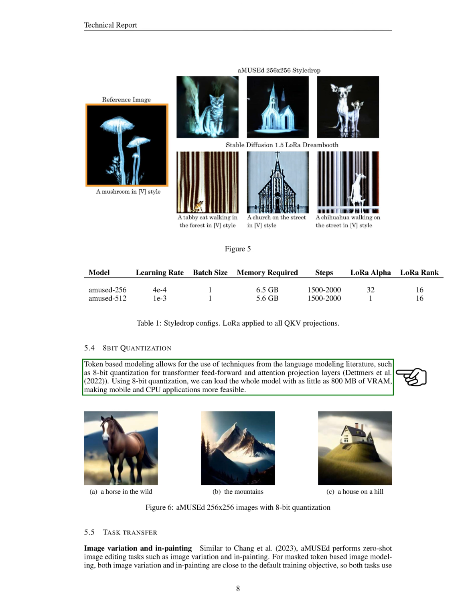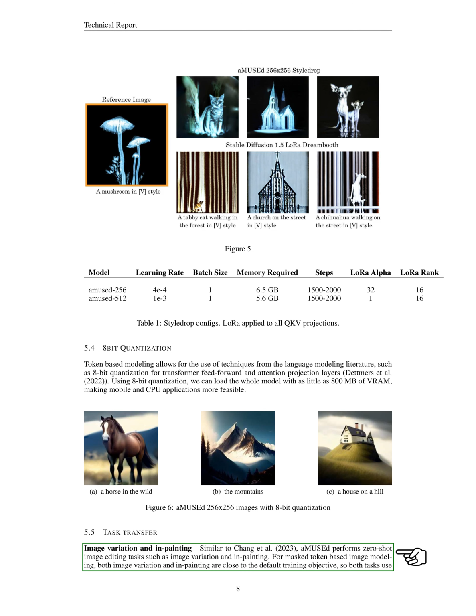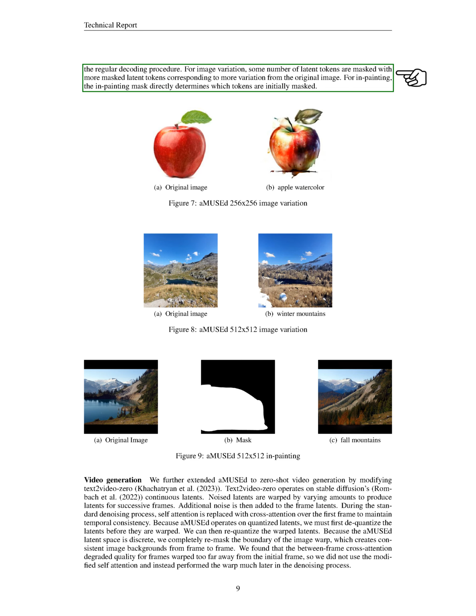Our model, aMUSEd, can also perform tasks like altering images and filling in missing parts of an image, a process known as inpainting. These tasks are similar to the model's primary training objective, so we use the same decoding process. For image alteration, we mask a certain number of latent tokens, with more masked tokens resulting in greater changes to the original image. For inpainting, the mask we apply directly determines which tokens are initially hidden.